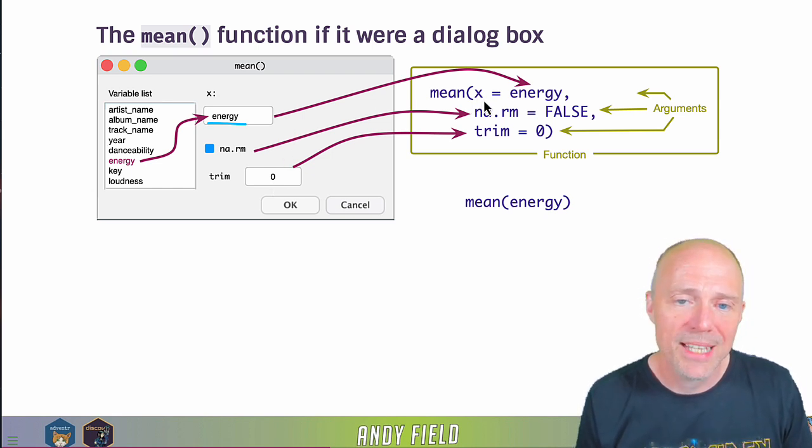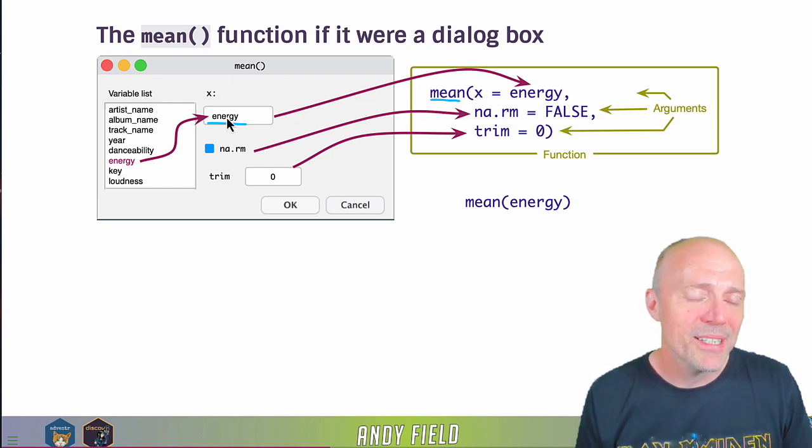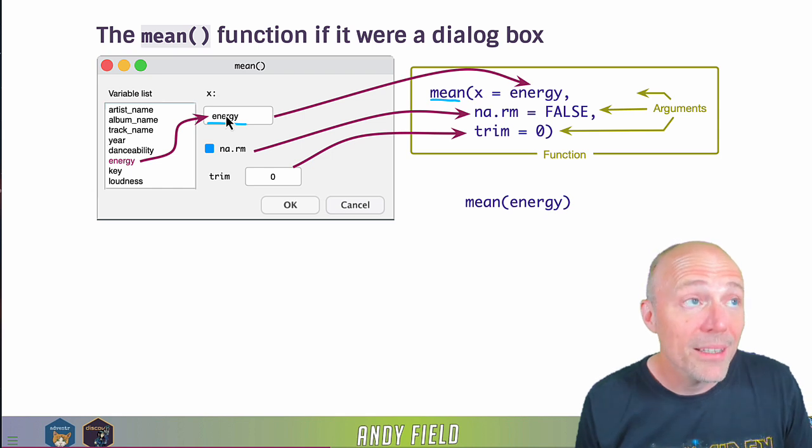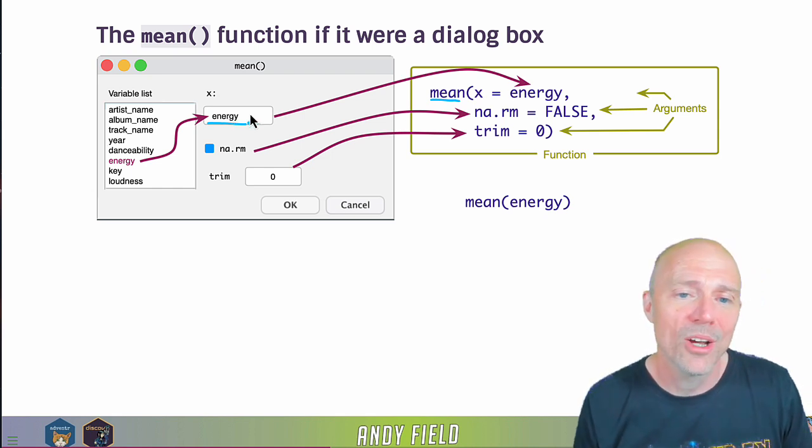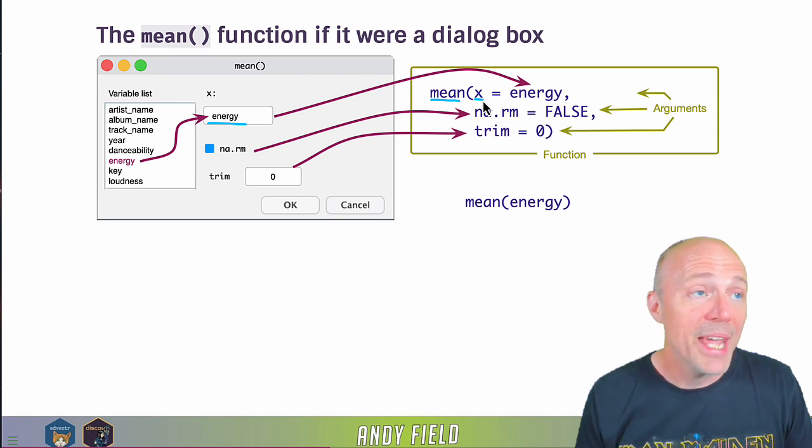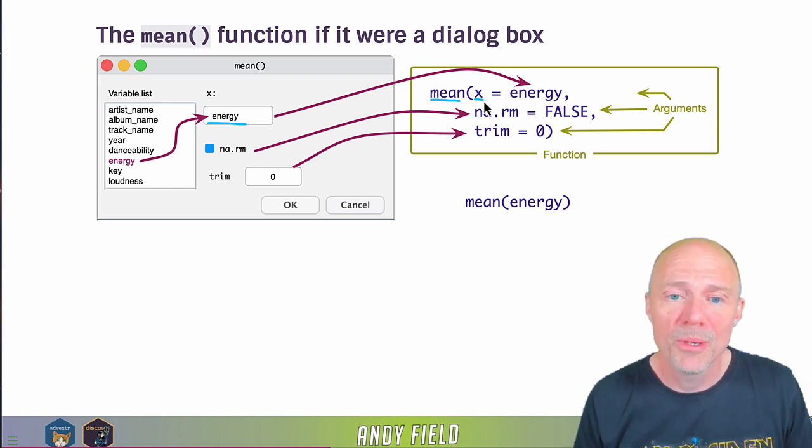So what this translates as in our code is we have the name of the function we're using, mean, and then where we would drag energy into an empty space in a dialog box, instead we type the name of the option or the argument, x, the data or the variable, and we put the name of the variable, in this case, energy.